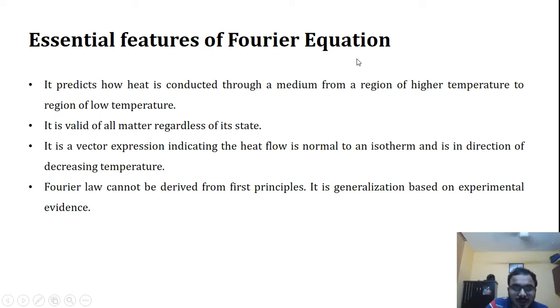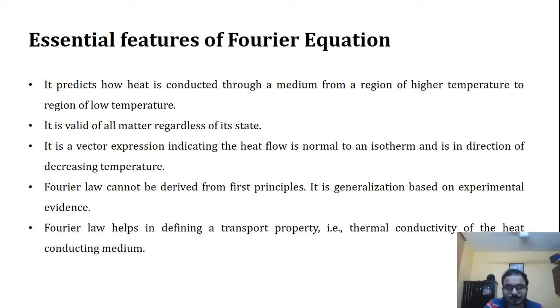Fourier's law cannot be derived from the first principles. It is a generalization based on experimental evidence. So if you remember our formula, we had simply and directly written that formula without going into how it is being derived. Actually it is not derived because it is purely based on experimental evidence only.